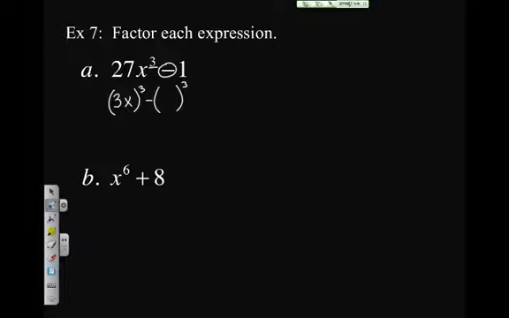What cubed equals 1? Don't make that complicated, it's just 1. So this would be our first term, this would be our second term, and we're just going to follow that pattern. The pattern is the first term minus the second term times the first term squared plus the first term times the second term plus the second term squared.